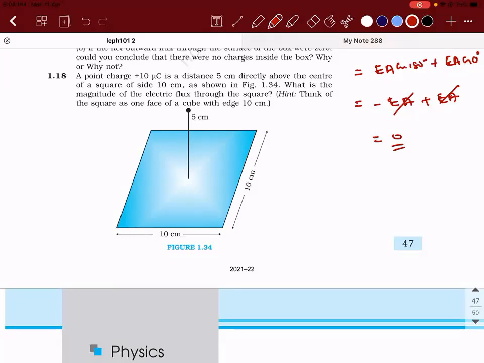So what is 8.85 divided by 6? If you have no doubts, 1.47. 1.47, right? It's ready. If you are ready to do it, I'll give you.